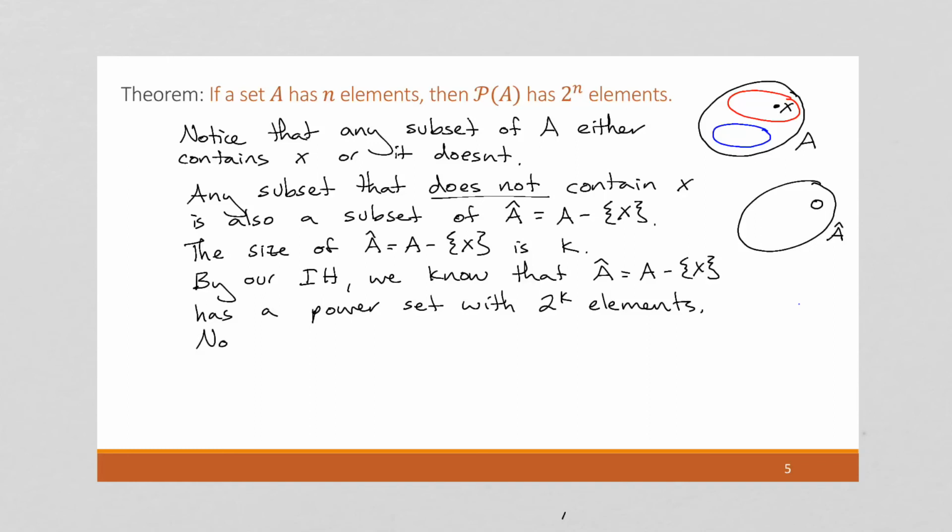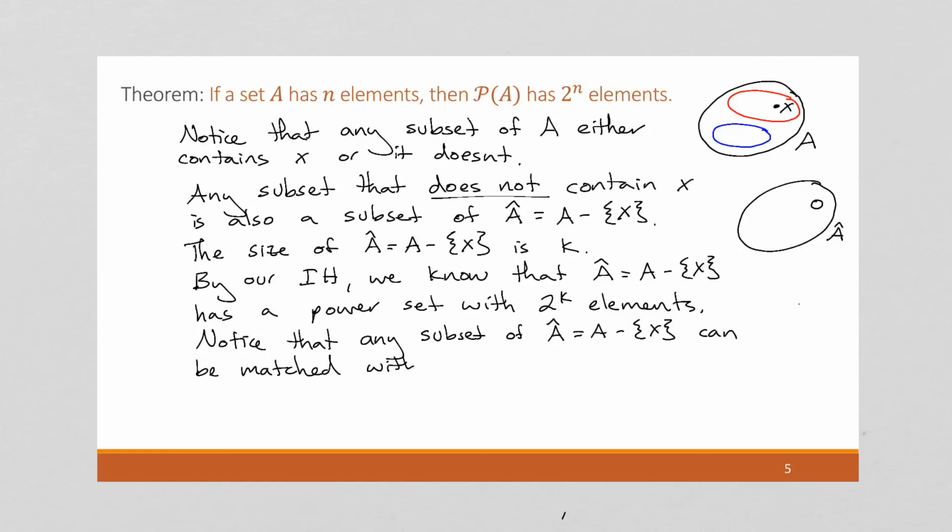Now, I'd like you to notice that any subset of A hat can be matched or unioned with X. So, for example, this isn't part of the proof because examples don't belong in proofs, but this is going to help illustrate what I mean by this sentence.